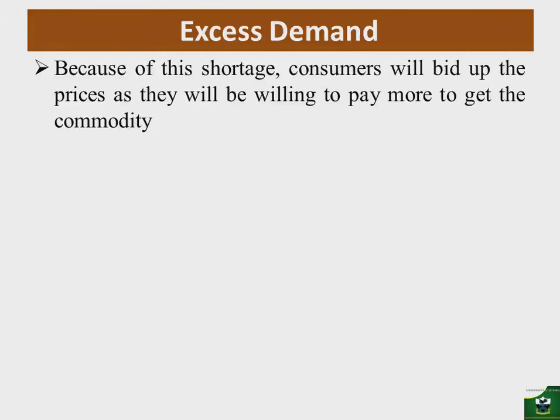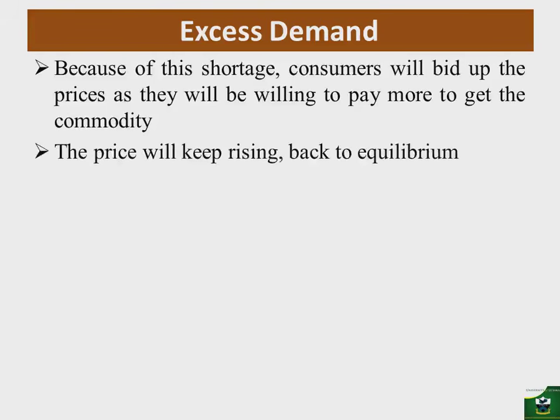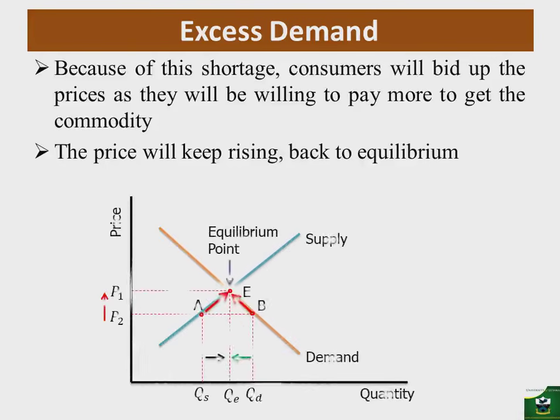People will be buying things beyond the normal prices and in hidden. So as such, the price will keep rising until we go back to equilibrium. In other words, consumers will keep pushing the prices up on their own in pursuit to get the commodities that they want. And graphically, that information can be plotted as this.